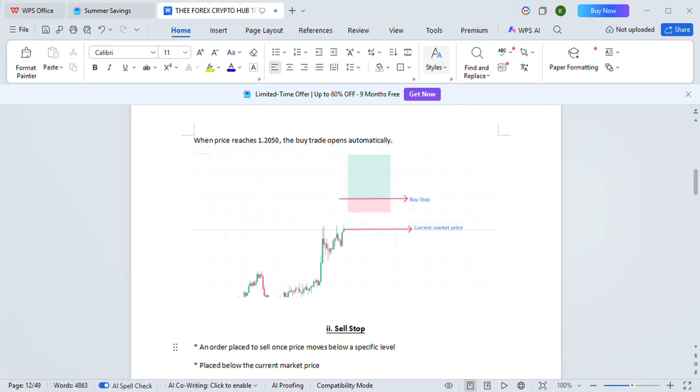So now I can start sharing my screen on the phone so that we can now start executing the orders together.